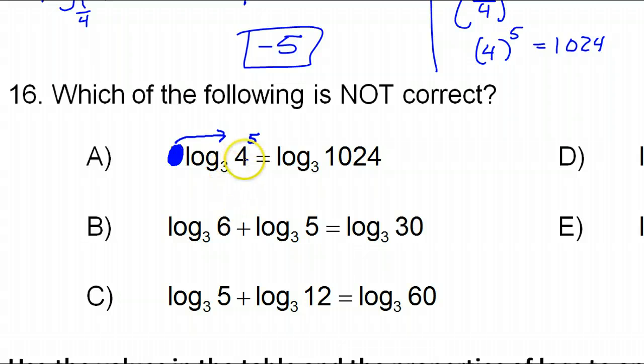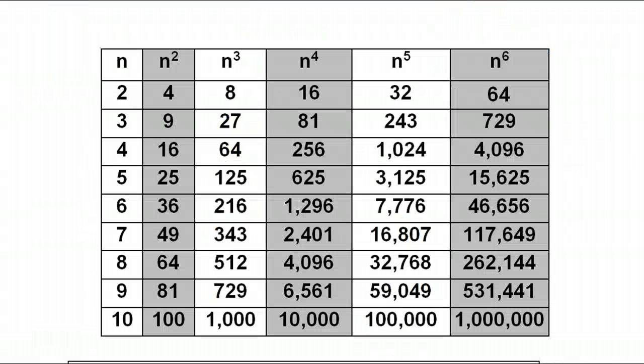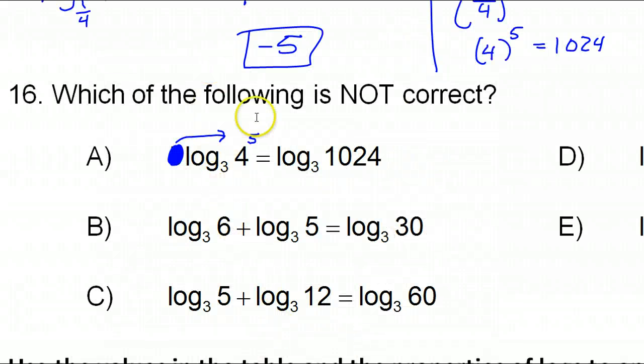So then I'd have log base 3 of 4 to the 5th power. Well, what is 4 to the 5th power? 4 to the 5th power is 1024. So that would be the same thing as having log base 3 of 1024. So A is correct. So we're looking for the one that's not correct, so that's not it.